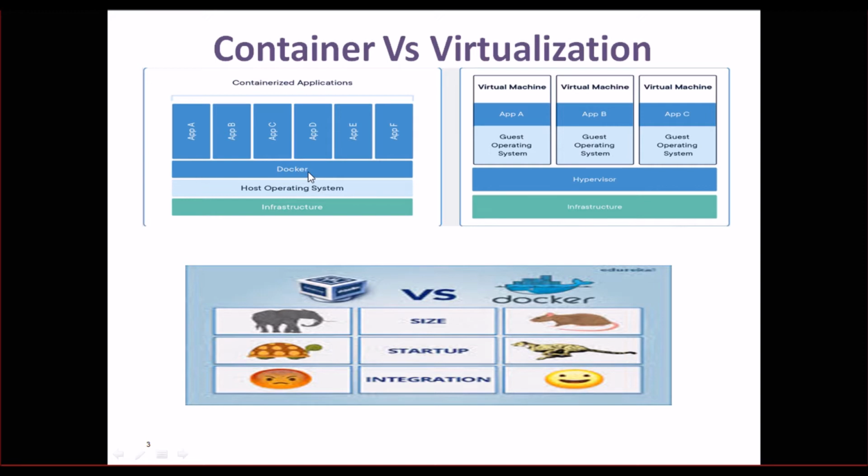On top of that you have one small piece of software called Docker, and you can run n number of applications in different user namespaces here. But when I talk about virtualization, the virtual machine, we have the infrastructure, we have the hardware, and the hypervisor. On top of the hypervisor we have a guest operating system, and on top of that guest operating system we have our machine. So this is going to take much more time and more money.